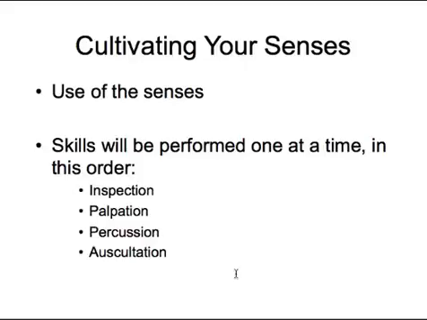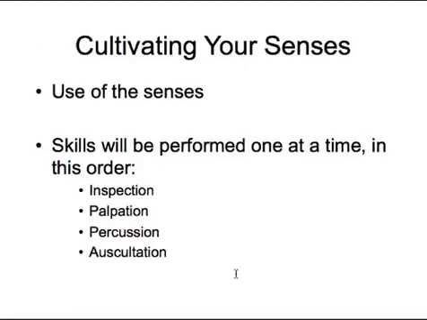Skills will be performed one at a time and should be performed in this order for the reasons that you've probably learned back when you were completing your RN degree. Inspection, because it's the least invasive. Moving all the way through to palpation, percussion, depends on what area of the body which order you'll be completing them in, because you want to move preferably from least invasive to most invasive.